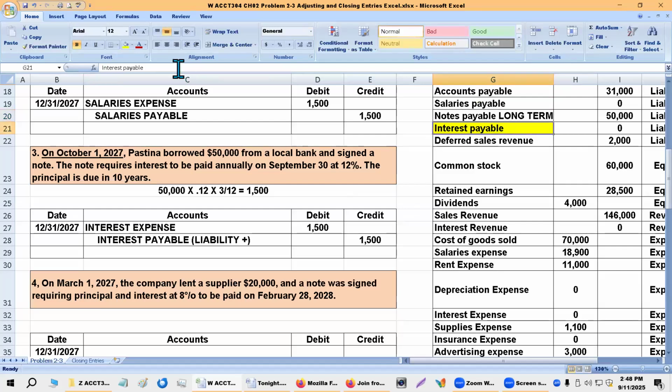Now, if you classified part of it as short term, that would be fine. If you had notes payable, part of it long term and 1,500 of it short term, that would be fine.